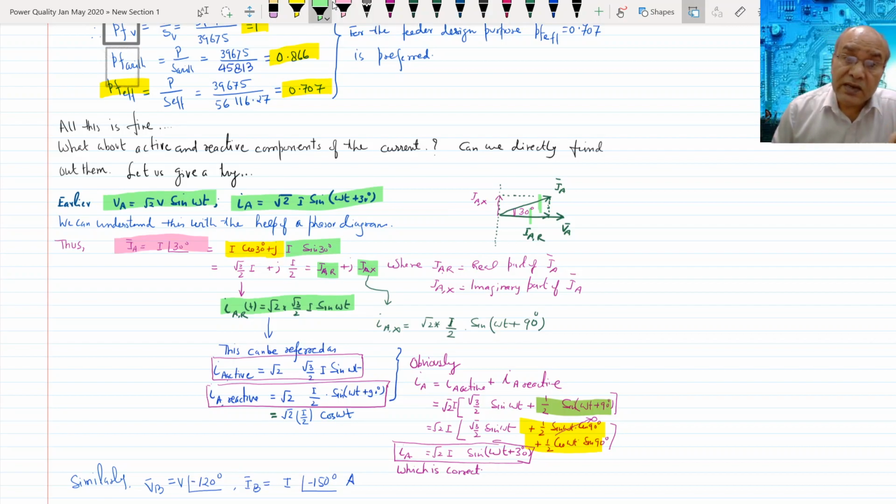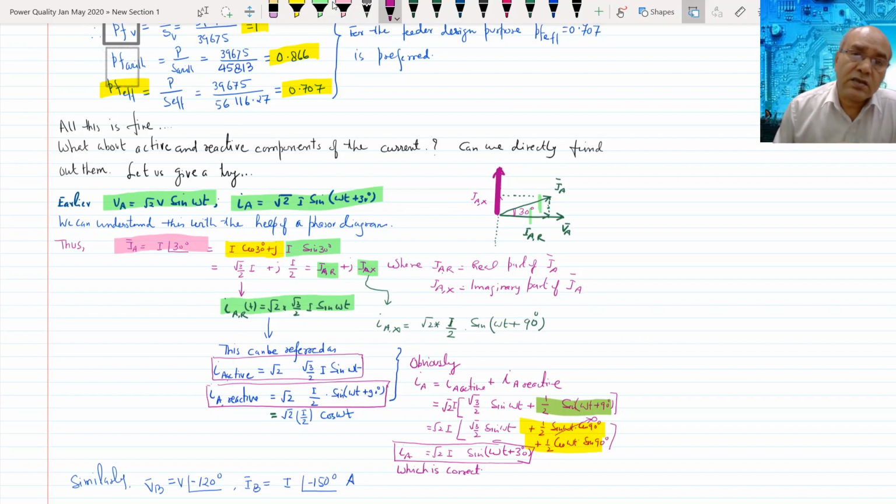And what will be the reactive component? The reactive component will be root 2 times the RMS value of the reactive component into sine of omega t plus 90 degree, because this current will be 90 degree along this component. So this component is here. Am I correct?